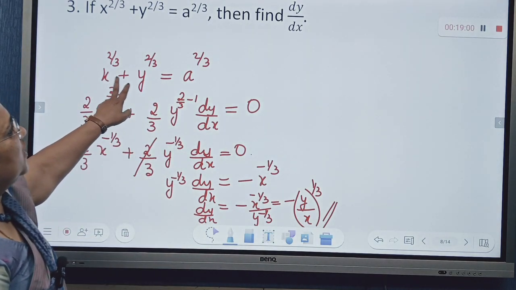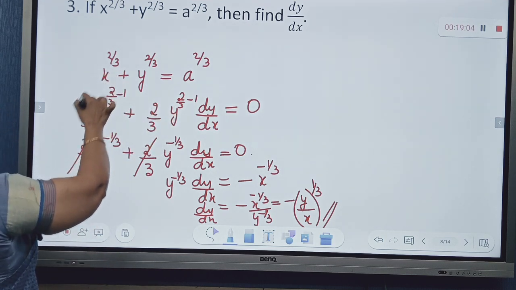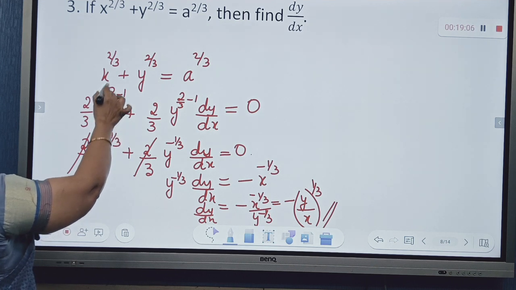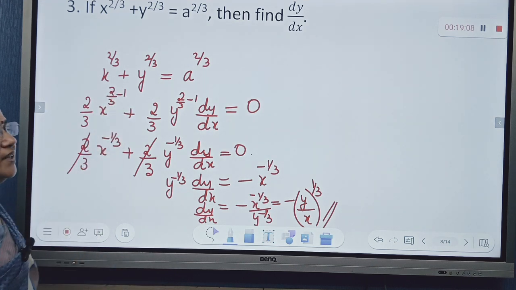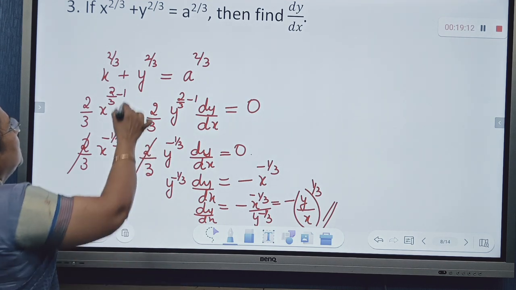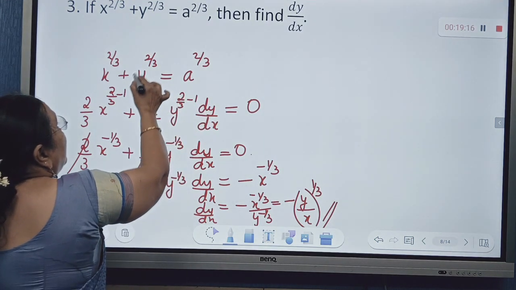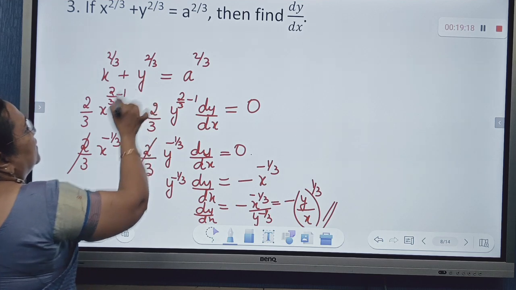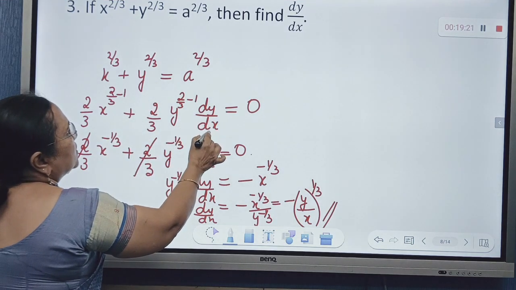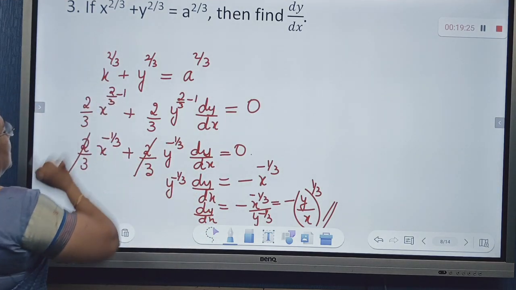x power 2 by 3 plus y power 2 by 3 is a power 2 by 3. I have differentiated this: 2 by 3 x to the power 2 by 3 minus 1. The derivative of x power n is n x to the power n minus 1. Similarly, 2 by 3 y to the power 2 by 3 minus 1, but into the derivative of y, which is dy by dx, equal to, here the derivative is 0.